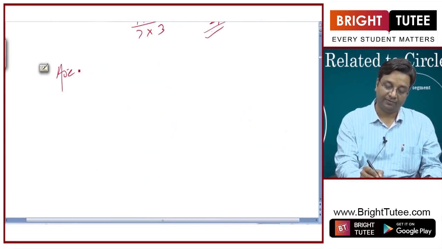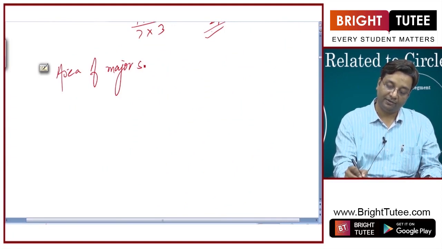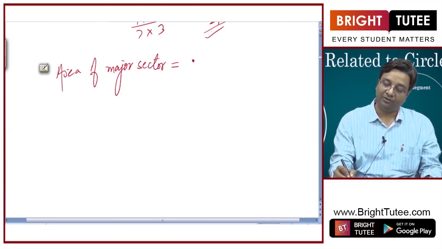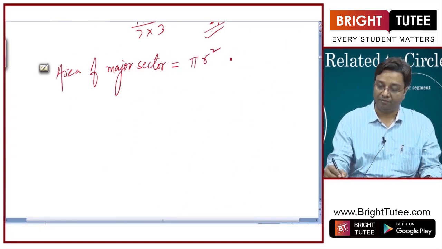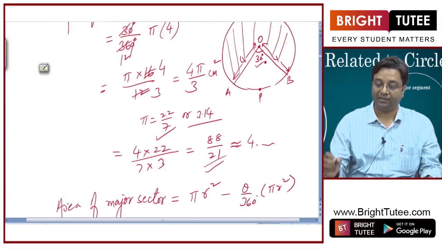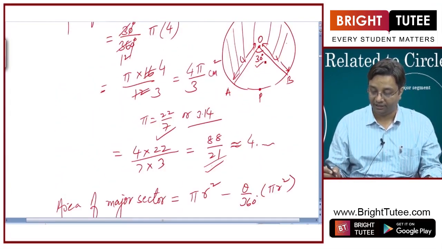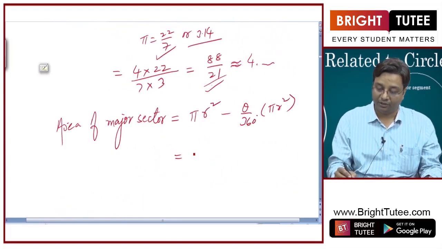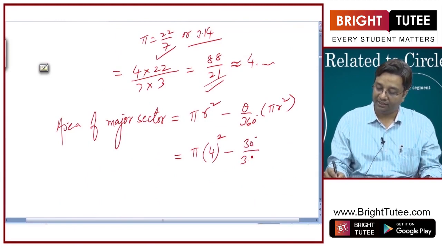So area of the major sector will be equal to pi r square minus theta by 360 pi r square, right? By theta I mean 30 degrees, because in this question theta is 30 degrees and radius r is 4 centimeters. So I can replace r by 4 and theta by 30 degrees.